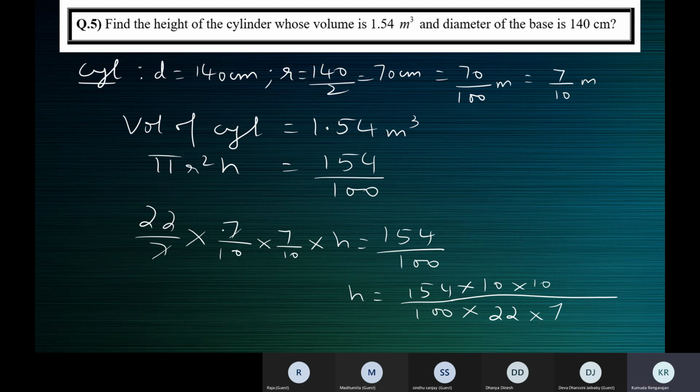And this 22, 7 will come down to the denominator. So 100, 10 and 10 will get cancelled. 22 into 7 is 154. So you will get 1. H is equal to 1 meter. So the height of the cylinder is 1 meter.